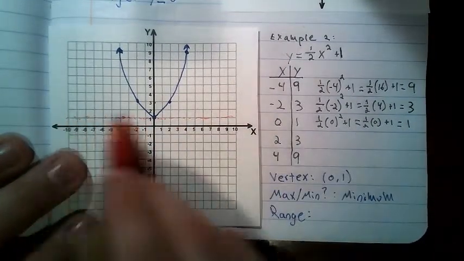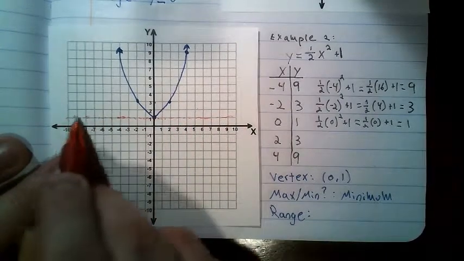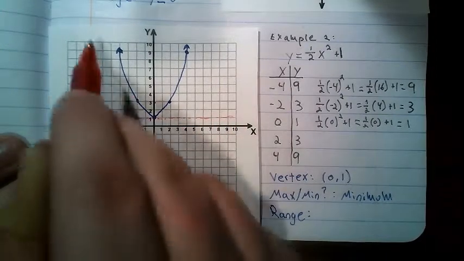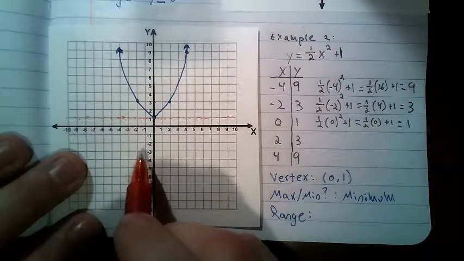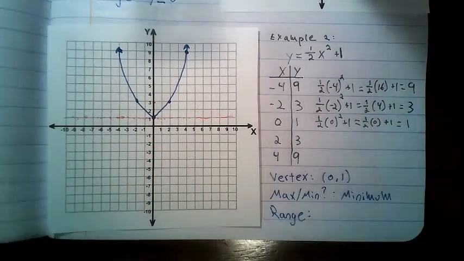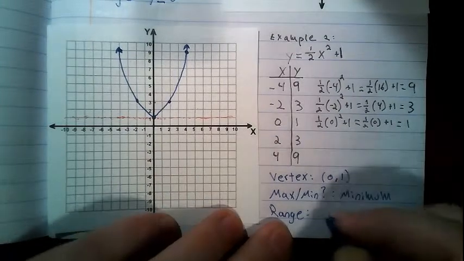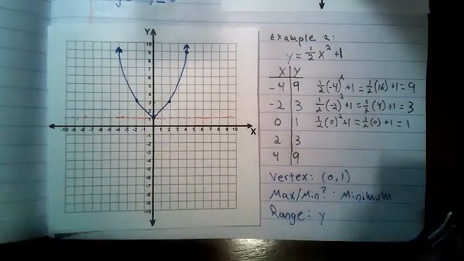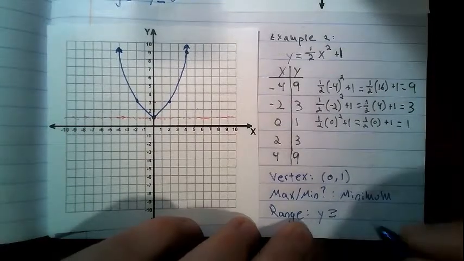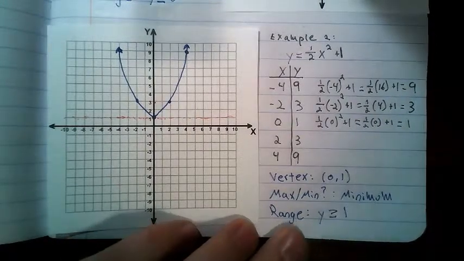Right? There's this imaginary line, this threshold, where this line is not going to go down, right, or past. So my range is going to be the y values, okay, and it's not going to be that are greater than or equal to 0. It's greater than or equal to 1.